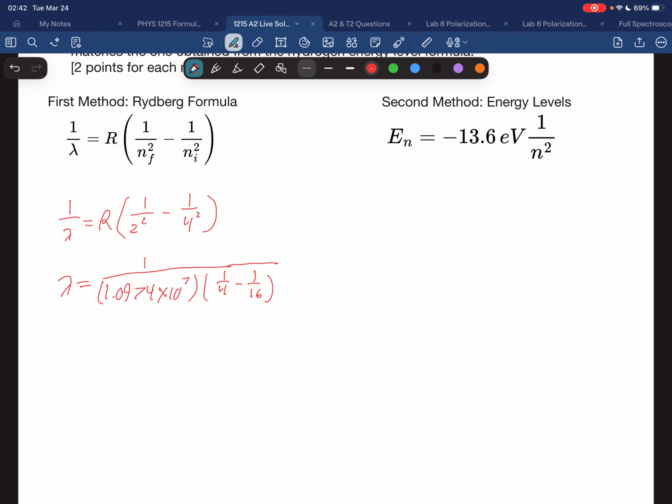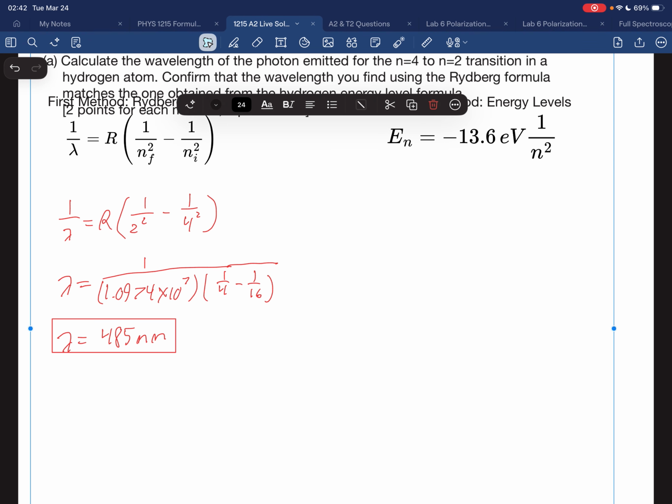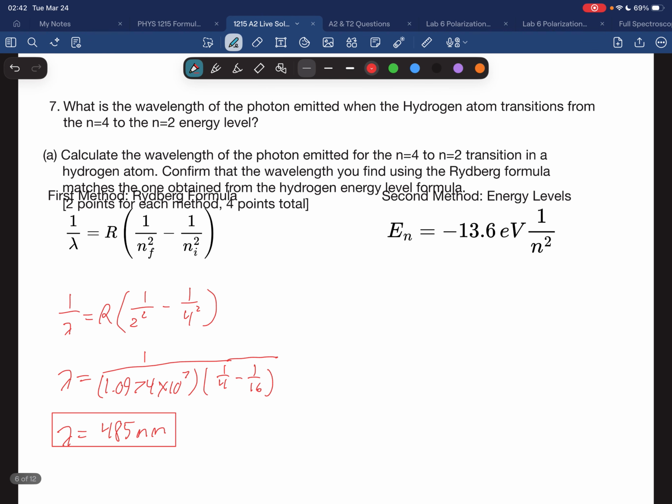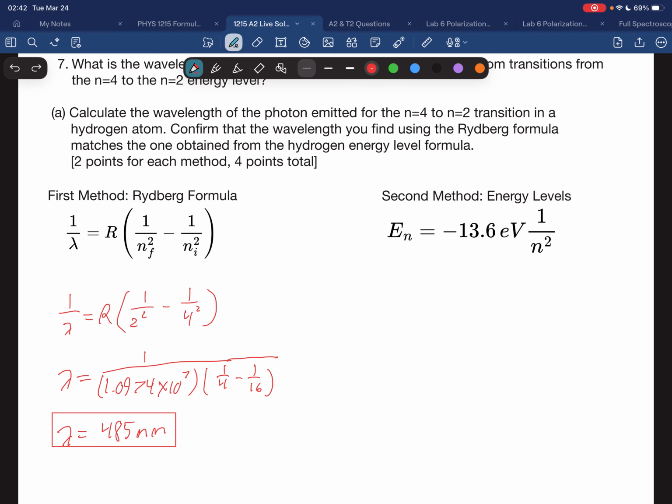There we go. And plugging all of this into a calculator gave me 485 nanometers. Nice and quick. Oops. Did not mean to move the whole question. There we go.